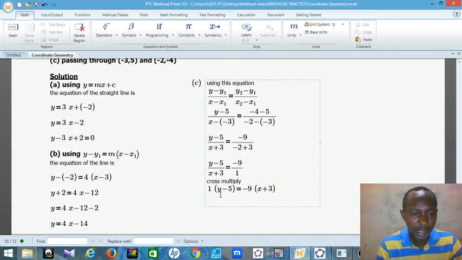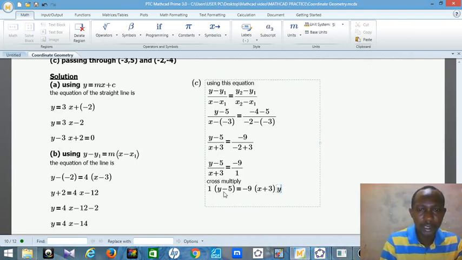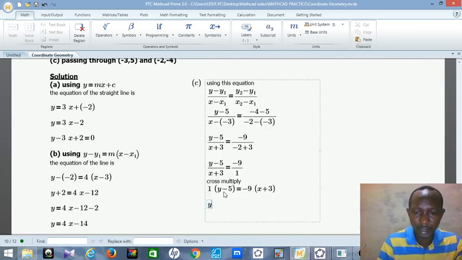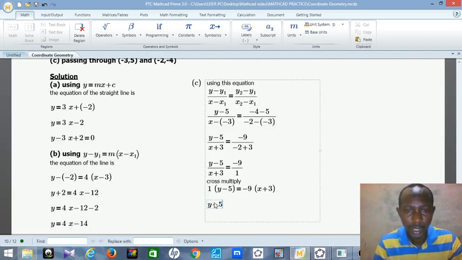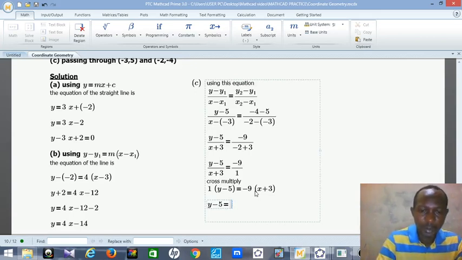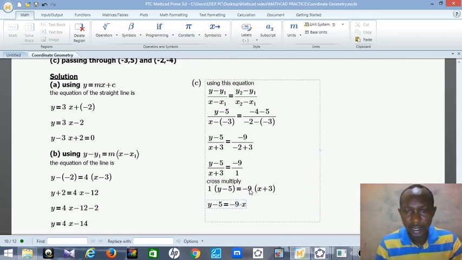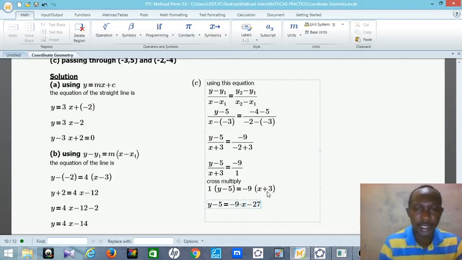Then when I open my bracket, 1 times y will give me y. I'm going to get y minus 5. So 1 times y is y, 1 times minus 5 is minus 5, equal to the minus 9 times x, which is going to give me minus 9x, and minus 9 times 3 is going to give me minus 27.